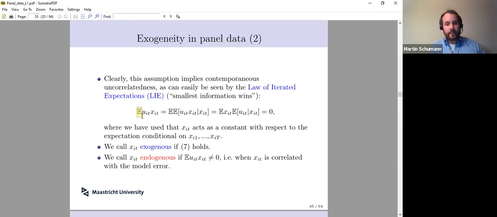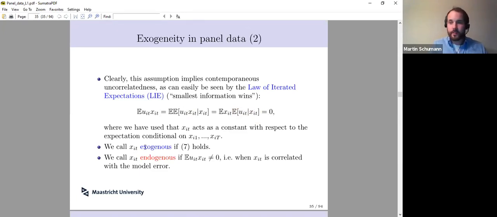This big expectation with respect to the joint data is split into one expectation that is conditioning on X, and the outside expectation is with respect to the marginal distribution of X. On the inside expectation, because we condition on X, this thing here acts as if it was a constant, comes out of the expectation, and this part here is now 0 by contemporaneous exogeneity.